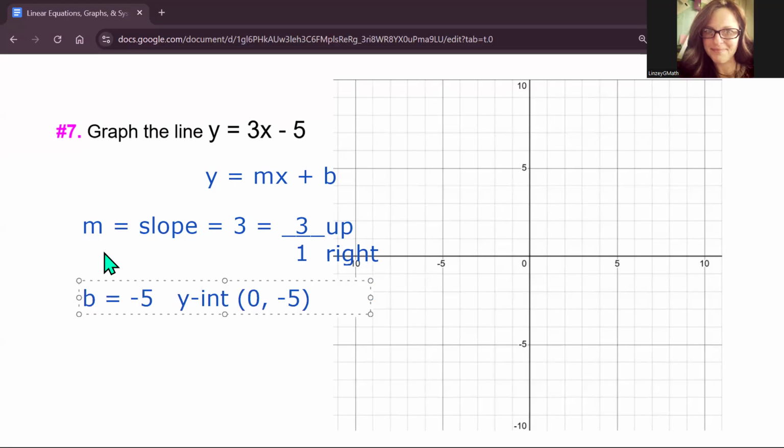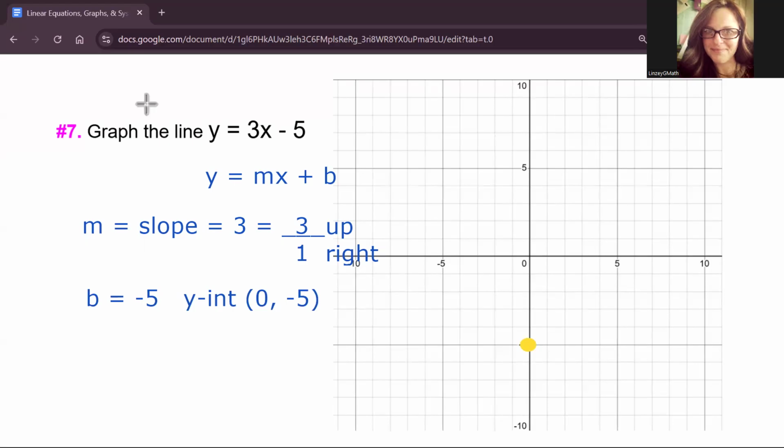We're going to start with the y-intercept, starting at -5. And then we'll use our slope: up 1, 2, 3, and to the right 1. And this will give us the second point on our line. We can do it again, up 1, 2, 3, to the right 1. Or you could go down 3, 1, 2, 3, and to the left 1.